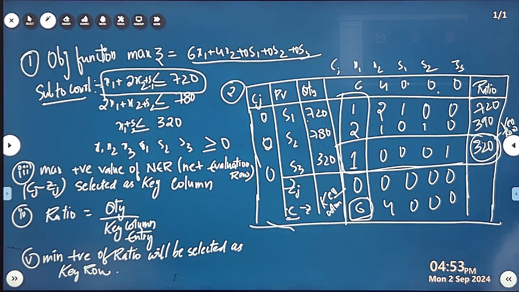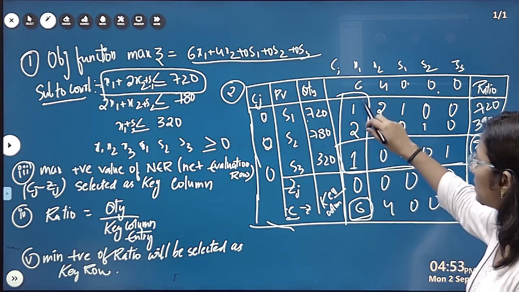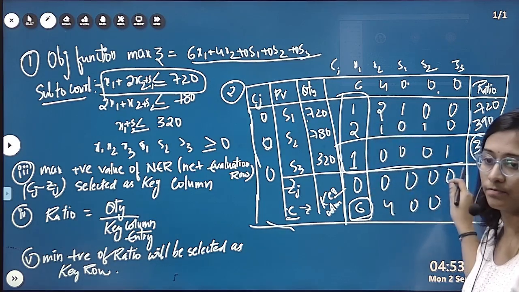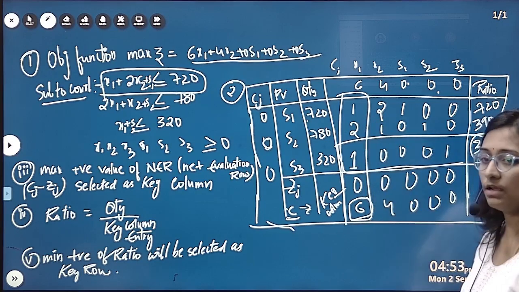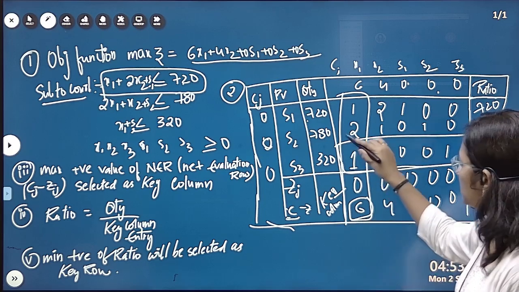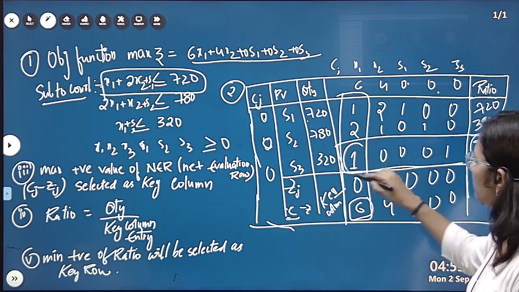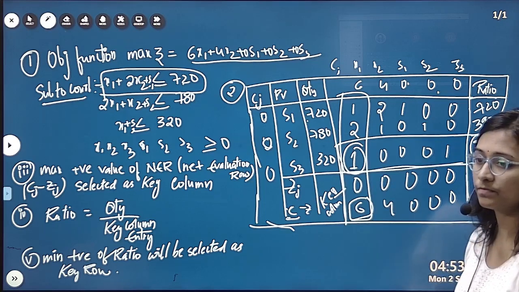Okay. So the point which is intersecting at key row and key column, coming in key column also and key row also. What is that number? 1, which is coming in key column also and key row also. So 1 will be the key number.